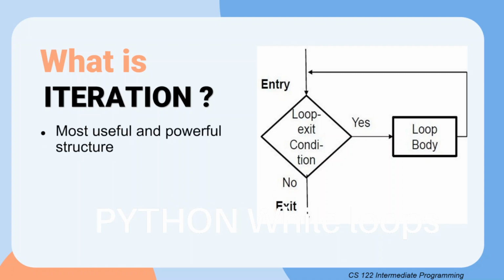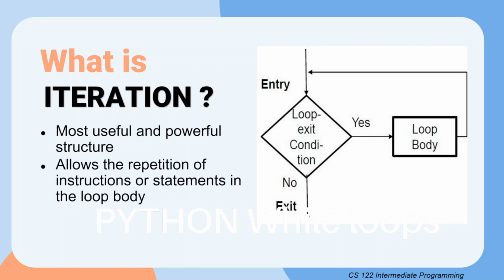This iteration is a very useful and powerful structure, and it allows repetition of the instructions or statements in the loop body. As you can see here, if the condition is true, it will go back and continue to execute the instruction. Once the condition is false, that's the only time the execution will stop.